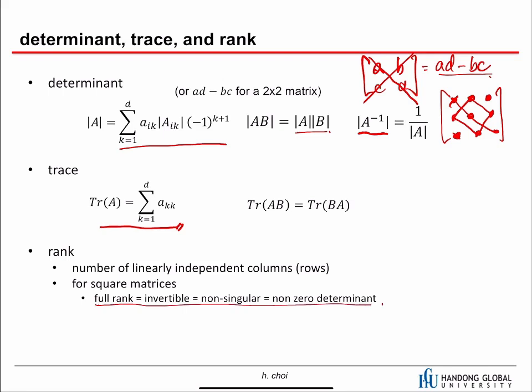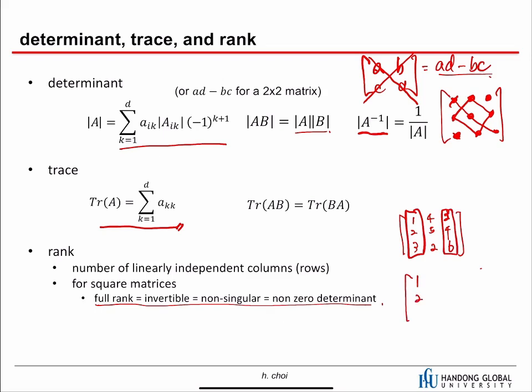Let me explain a little bit about these linearly independent columns. Let's say in a 3 by 3 matrix, we have 1, 2, 3, and 4, 5, 2, and 2, 4, 6. This matrix is not full rank, because this column vector can be obtained from this one, not simply by multiplication.